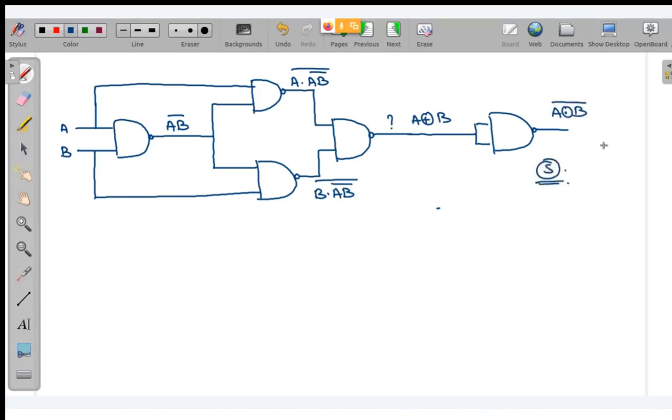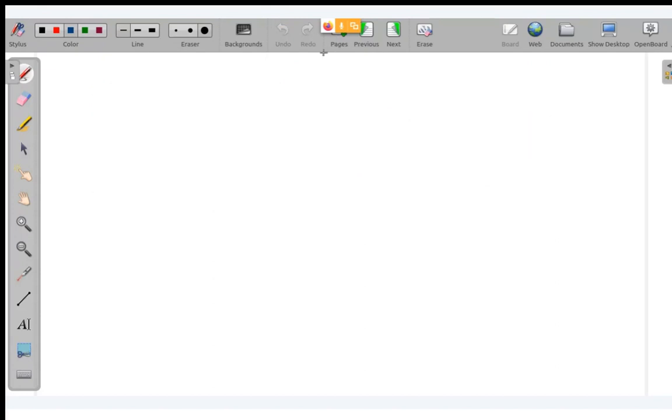Similarly, if you want to construct XNOR using NOR, so you are going to require 4 gates.